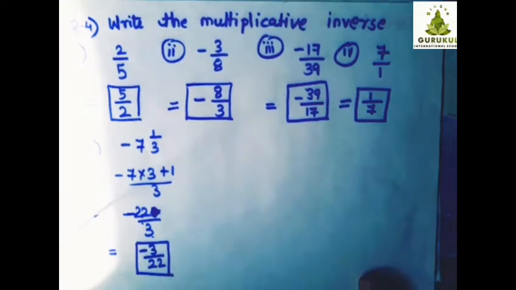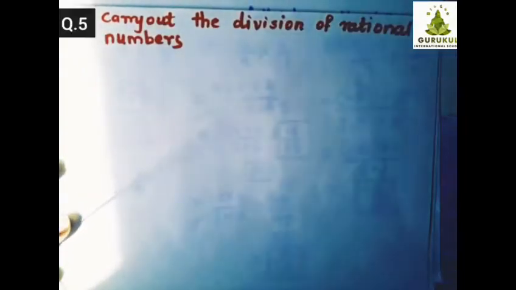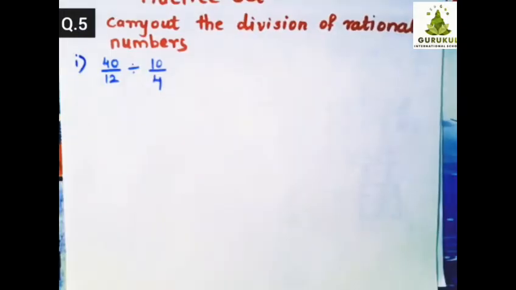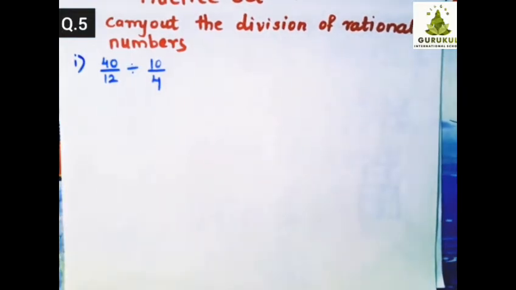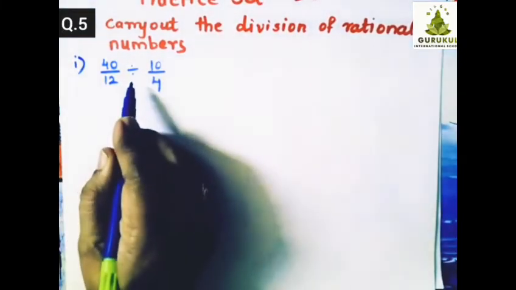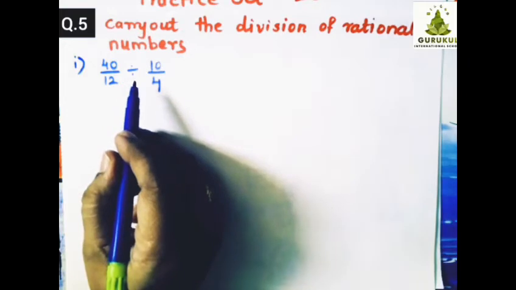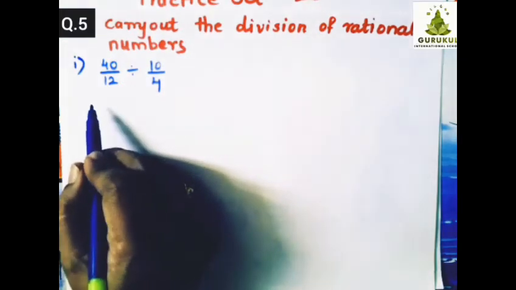Now question number 5, if you see, is depending on this concept only, that is carry out the division of rational numbers. Now in this one, we have to carry out the division of rational numbers. What are we supposed to do?